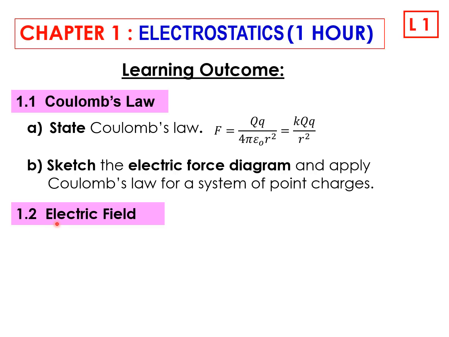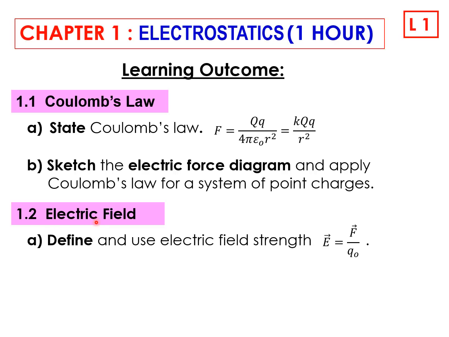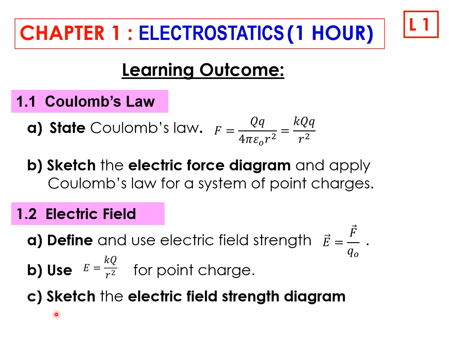Under 1.2 electric field: define and use electric field strength E equal to F over q naught. Use E equal to KQ over r squared for point charge. And the last one is sketch the electric field strength diagram. That we will learn under 1.1 and 1.2 for this chapter.